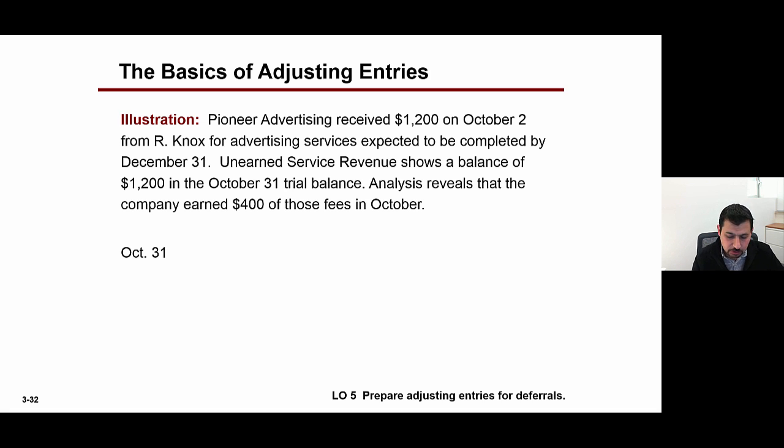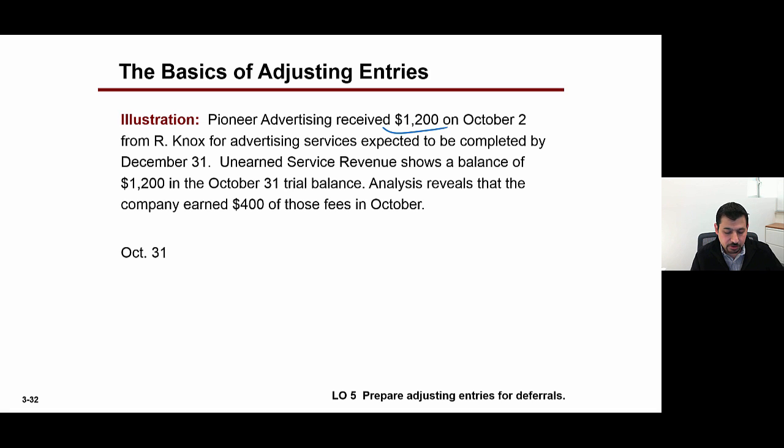So the original entry included receipt of cash, and so cash was debited $1,200, and we had an increase in the liability account unearned service revenue, for $1,200.